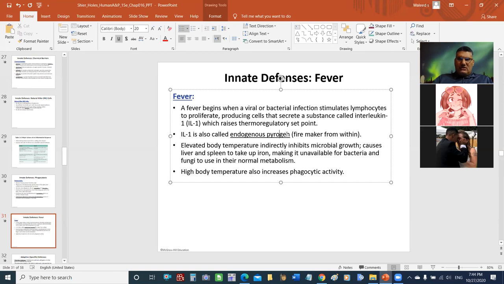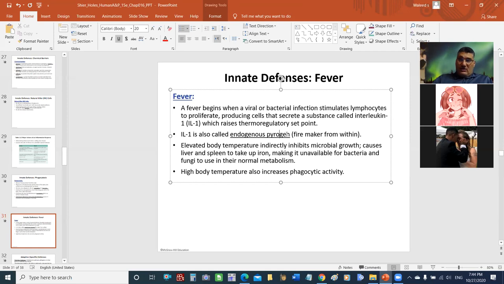What is this? What happened? Somebody jumped in and moved the thermostat to 80. Same thing here. Somebody jumped in after bacterial infection, lymphocytes making endogenous pyrogen, which is interleukin-1, go to the hypothalamus and change the set point.